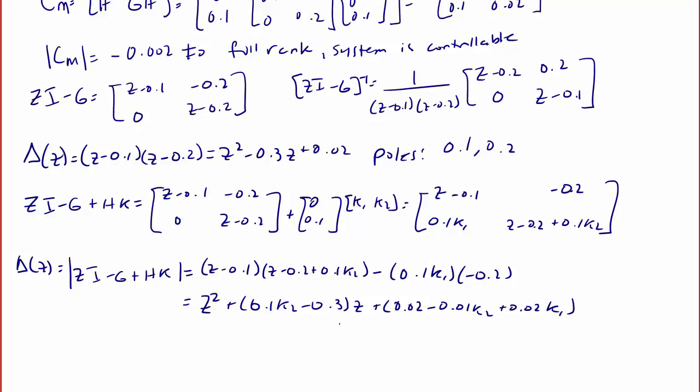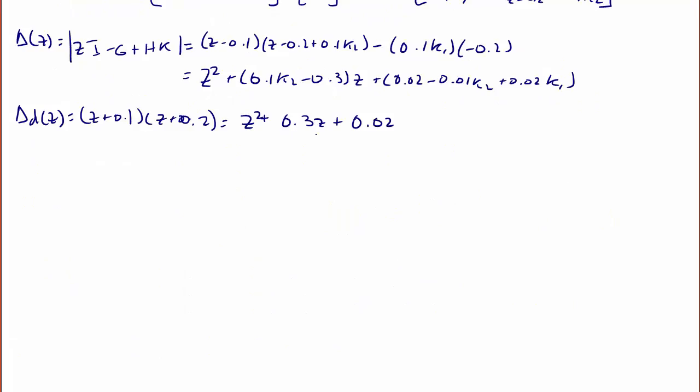And what you should notice here is that if we replace K1 and K2 with 0, which means no state variable feedback, this actually yields the original characteristic equation for the system without any state variable feedback. So our desired characteristic equation, delta D of z, is (z plus 0.1) times (z plus 0.2), which when you FOIL that out is equal to z squared plus 0.3z plus 0.02.